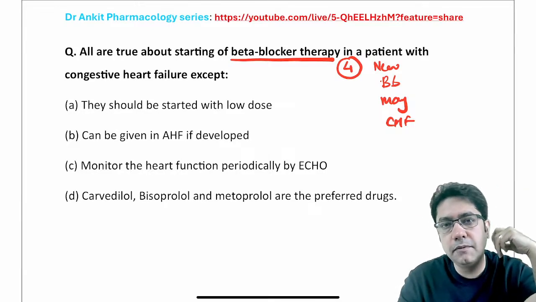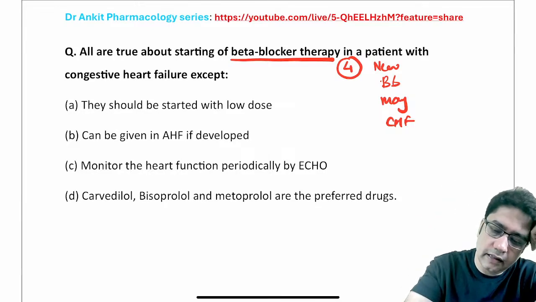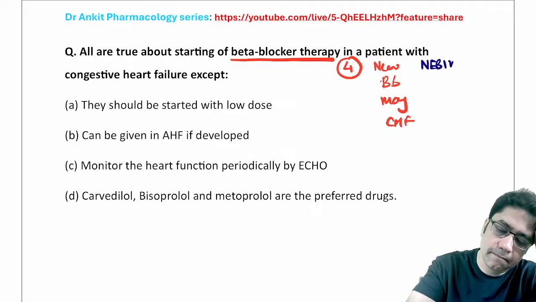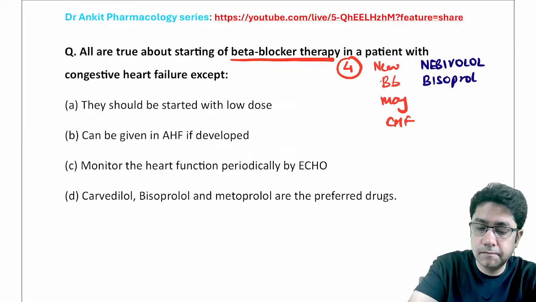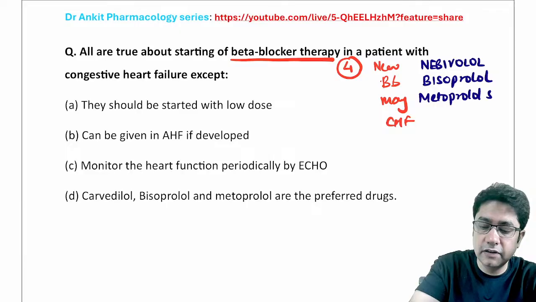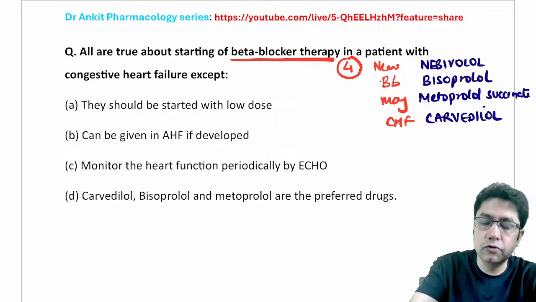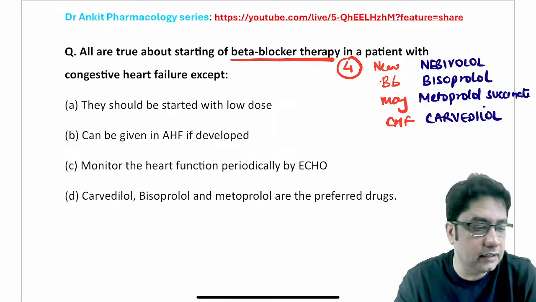So new beta blocker may be given in CHF. N for nebivolol, it can be given, which has a cardioprotective effect. Bisoprolol, metoprolol, and only one salt of metoprolol is given, the succinate salt, and carvedilol. Only 4 beta blockers are approved to show cardioprotective effect in CHF.